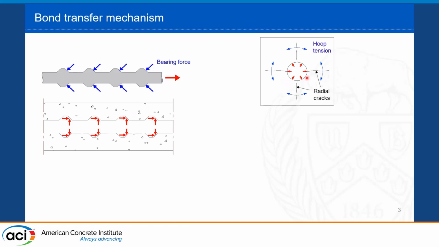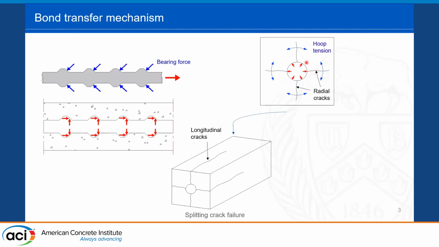This leads to the formation of radial cracks, and these cracks are resisted by the hoop tension of the concrete until the cracks reach the surface of the UHPC. In this case, you can see the cracks on the outside as longitudinal cracks, and at that time the bond fails. This is called a splitting crack failure.